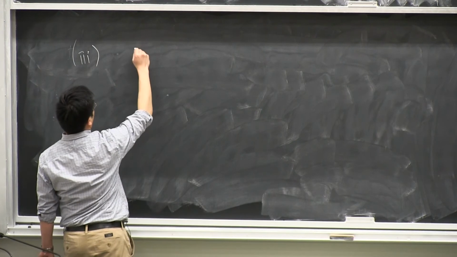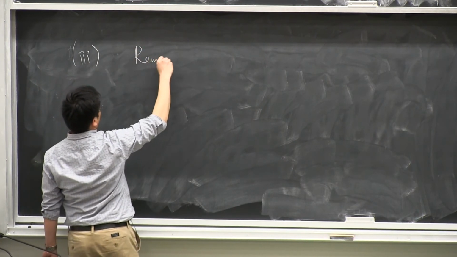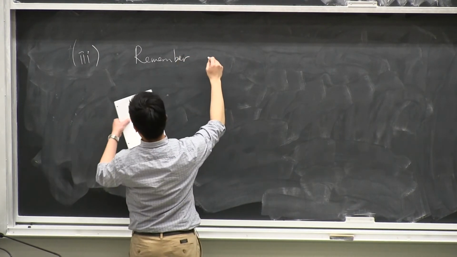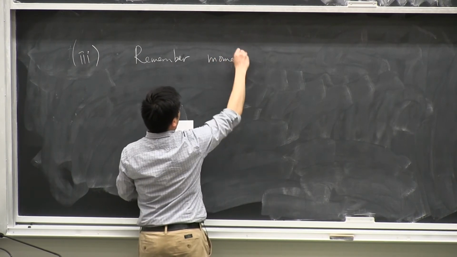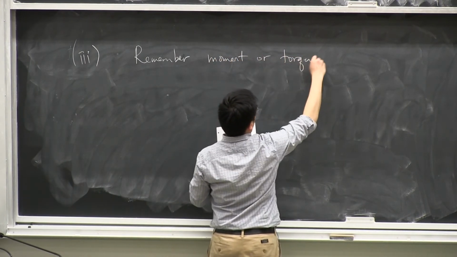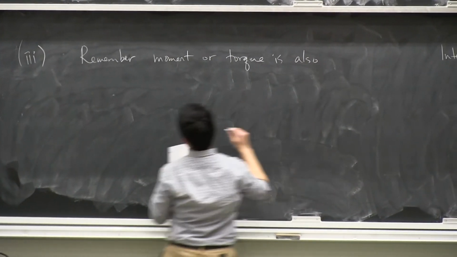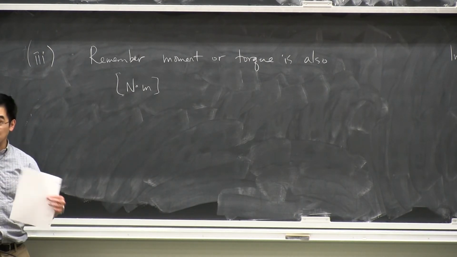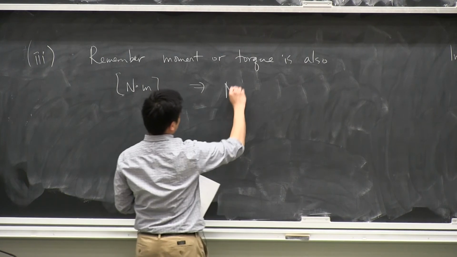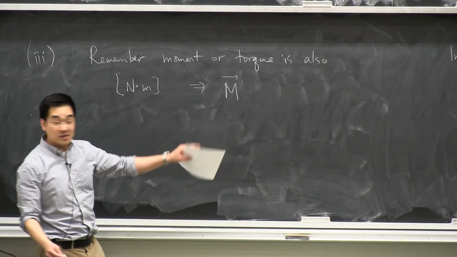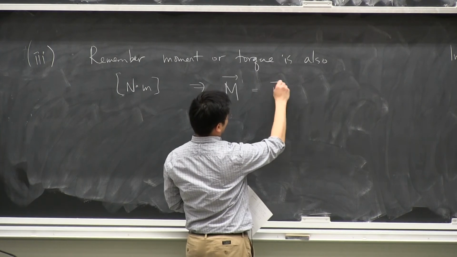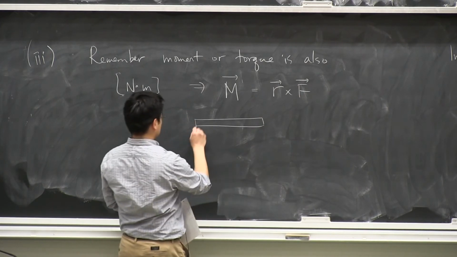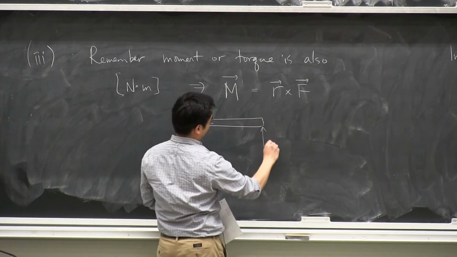First thing is remember moment or torque is also in the units of Newton times meter, right? But clearly when you do torque and there's Newton times meter, just remember that we're going to deal with this in a subsequent lecture, but the moment is obviously equal to not the dot product, but something like a cross product, right? So say you have a beam on a pin and you apply force.